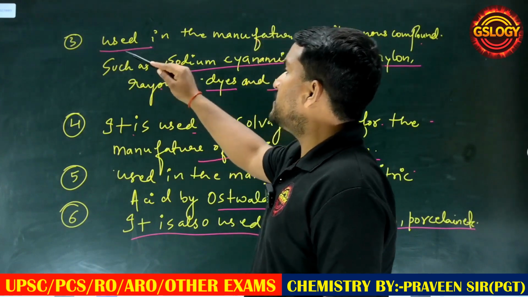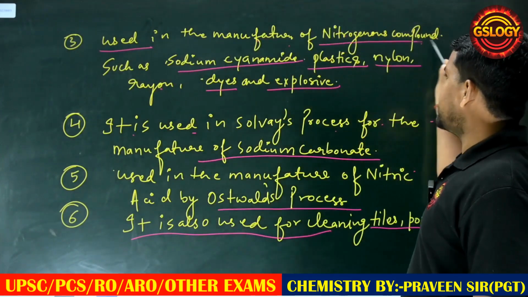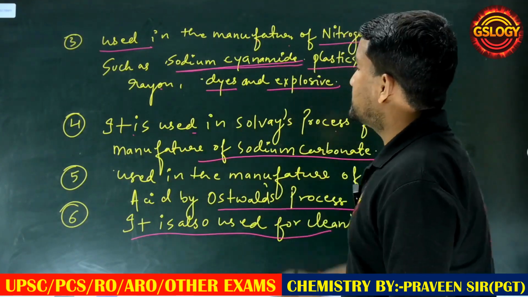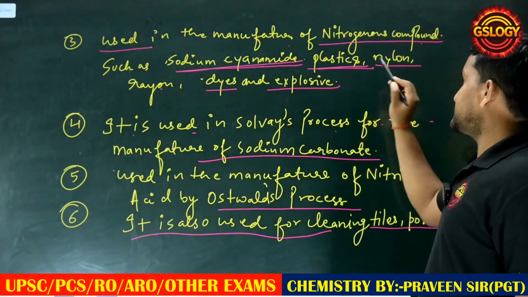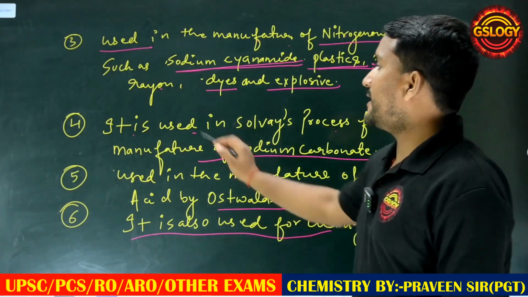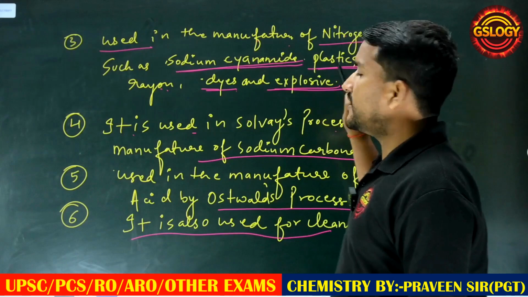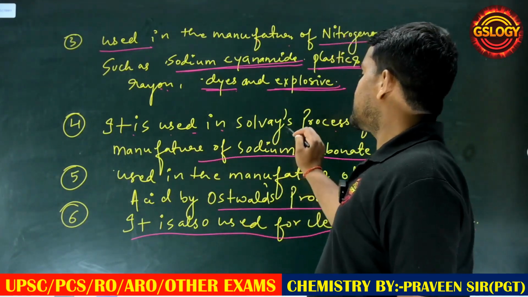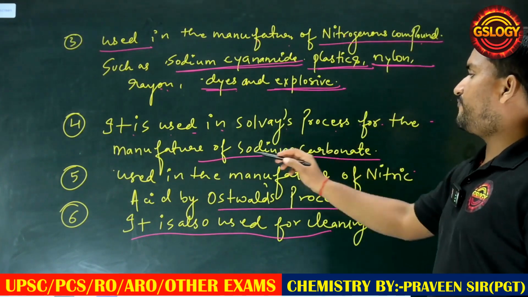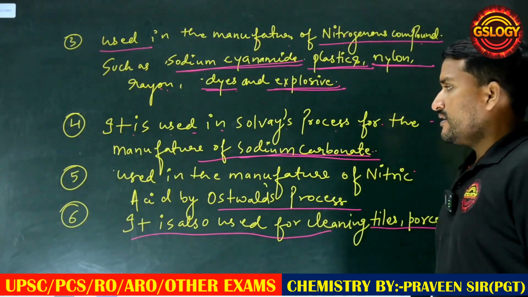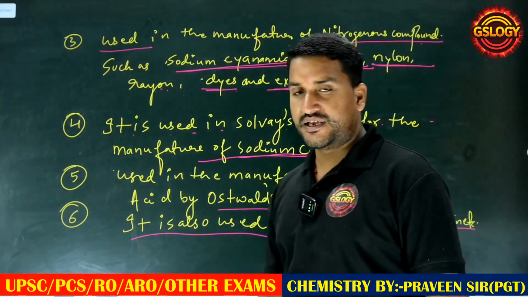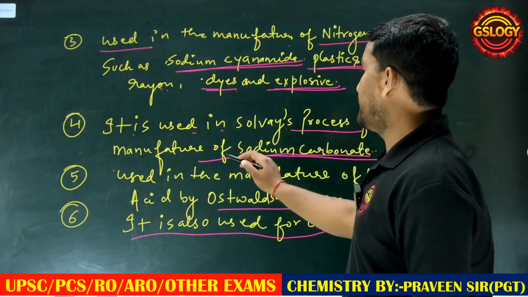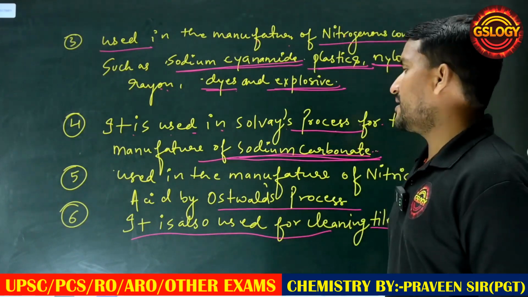Next, it is used in the manufacturing of nitrogenous compounds such as sodium cyanamide, plastic, nylon, rayon, dyes and explosives. It is used in the Solvay process for the manufacturing of sodium carbonate.